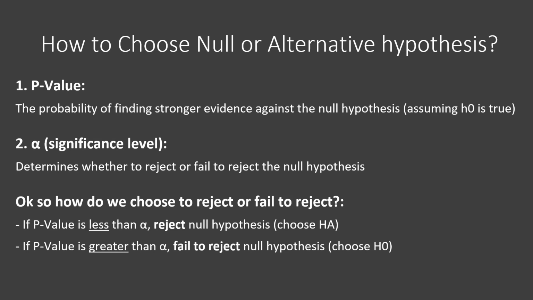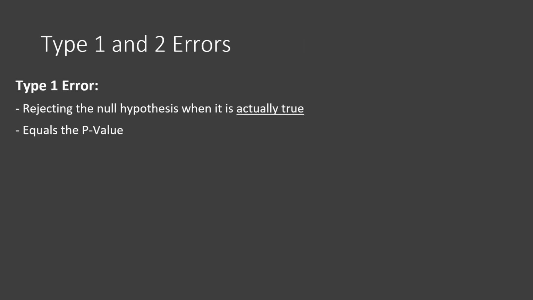But if your alpha is like 2%, then it's the opposite. Another key thing: you should not say you choose the alternative hypothesis. What you should say is you reject the null hypothesis or you fail to reject the null hypothesis. I don't know why, I guess that's what they like. I feel like it's easier just to say choose the alternative hypothesis, but whatever.